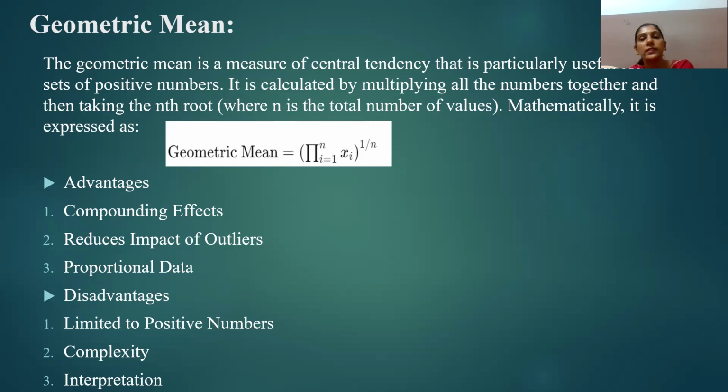Next is complexity. Basically, it is more complex to compute as compared to the arithmetic mean.